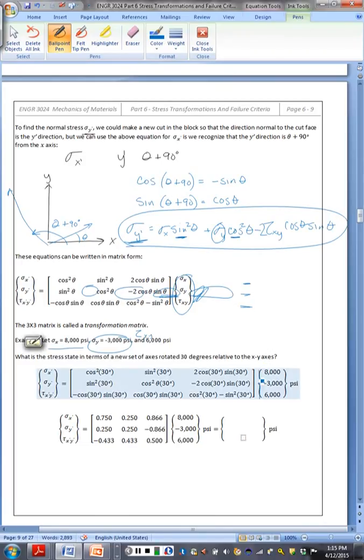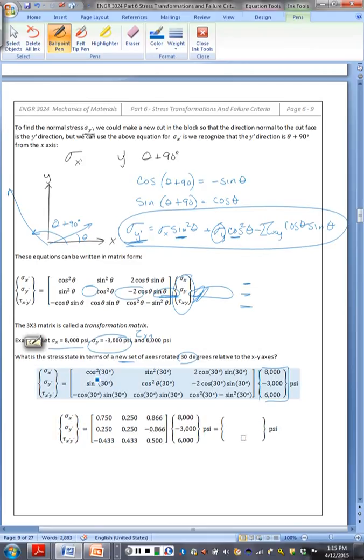We assign those in the vector for the original untransformed stresses, and we want to rotate this into a new set of axes at 30 degrees from the original, and we simply do the matrix math.